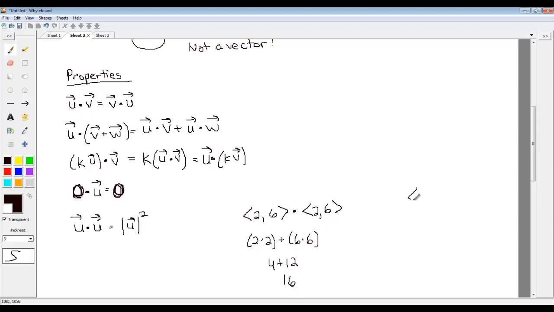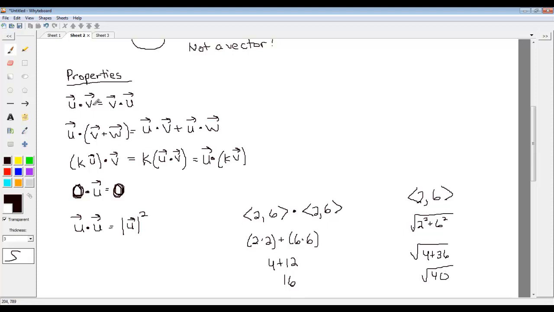Well, if you take 2, 6 and do its magnitude, that's the square root of 2 squared plus 6 squared. That's the square root of 4 plus 36. So square root of 40.